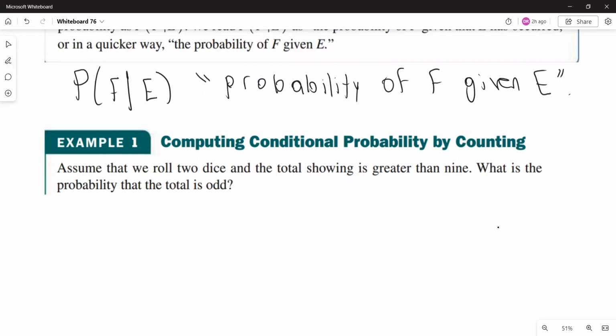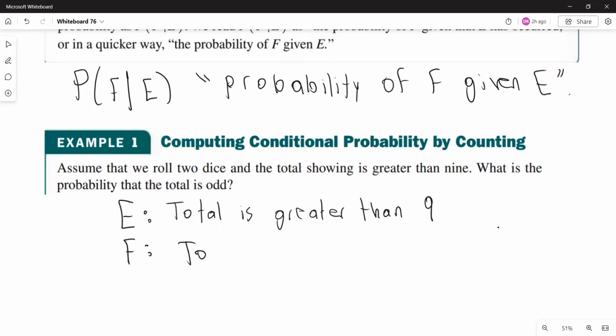Event E is the event that the total is greater than 9, and event F is that the total is odd. So we want to find the probability that the total is odd, given that the total is greater than 9. So that's what we want to find.